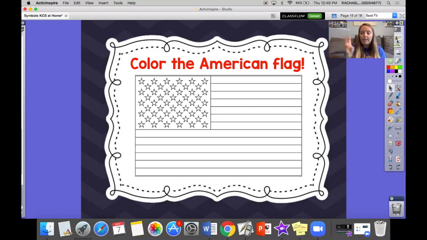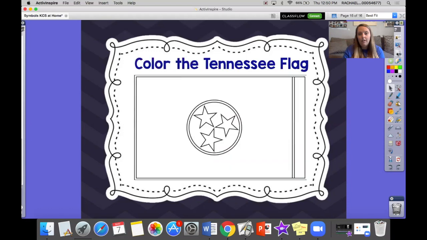And then your third task, though, remember the first task was to say the Pledge of Allegiance. Second task was to color the American flag. And the third task is to color the Tennessee state flag. So I had my students do this pretty much right before we left school this year. This is going to take a lot of red to color, so be prepared to color a lot.